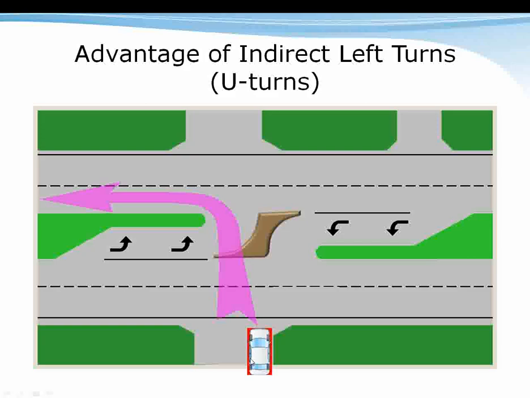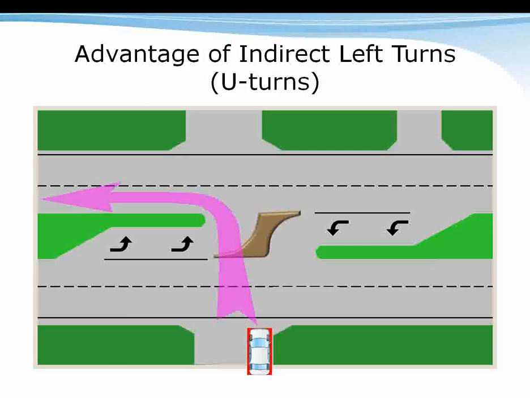This automobile wants to go left. If you remember a number of slides ago, we showed the danger of the left-turning vehicle due to the right-angle collision and the fact that they have to negotiate through a number of lanes. And that is really the movement that that car wants to have.